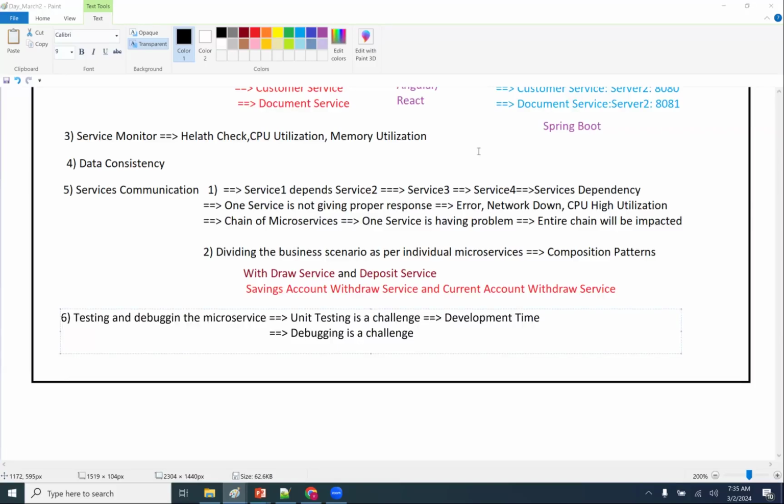Yeah, fine. So debugging is a challenge. What do you mean by debugging is a challenge?